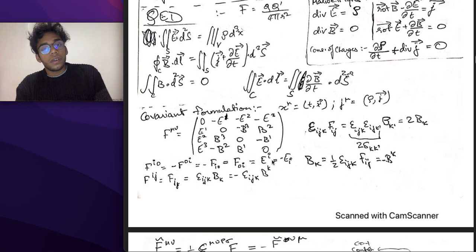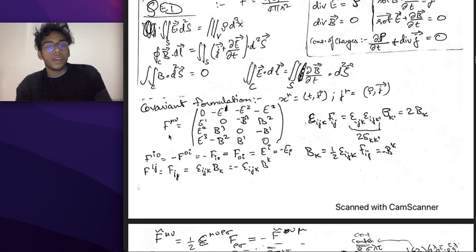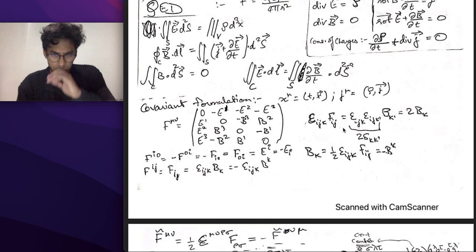So when you define your F mu nu as your matrix, the thing to note is that you play with the Levi-Civita symbols. It can be tiring at times, but there are a couple of things you need to note: how the Levi-Civita symbols go to zero.